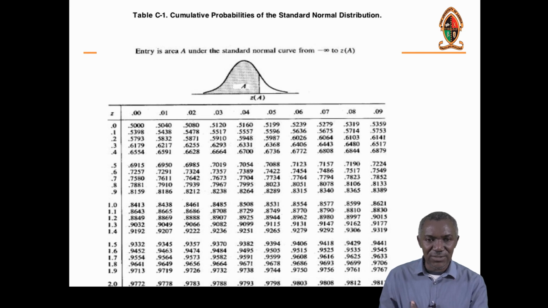So for -2 we got 0.23. You subtract it from 1, and for above the mean, we get it as it is, because this is the way this particular table has been designed.